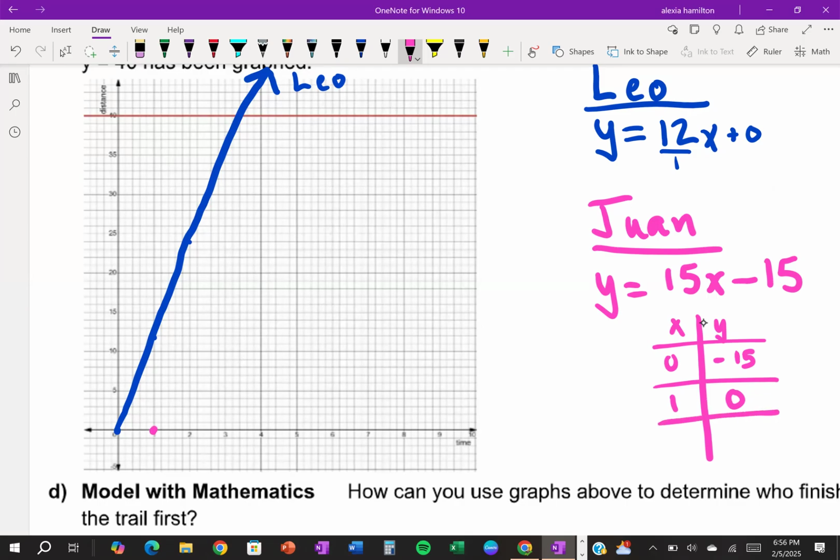And then let's get another point. 2. That would be 15 times 2 is 30. So all of this is 30. 30 minus 15 is 15. So at 2, he's at 30 hours, 30 whatever distance.